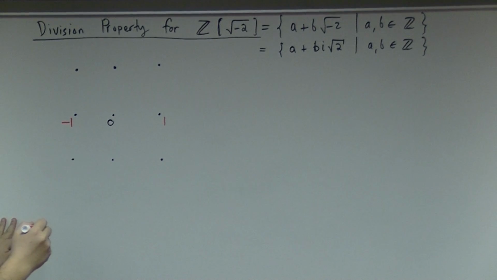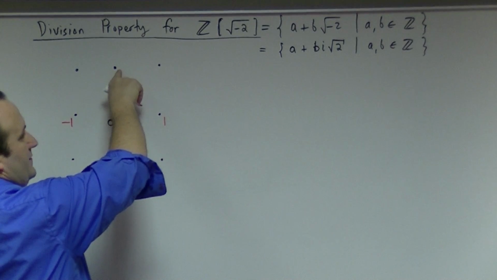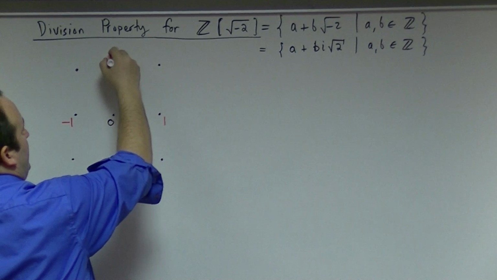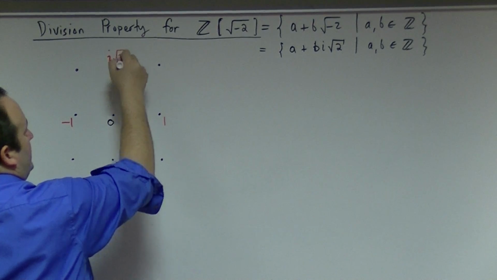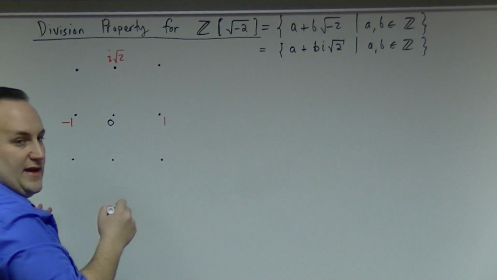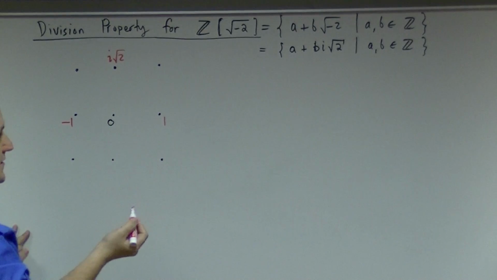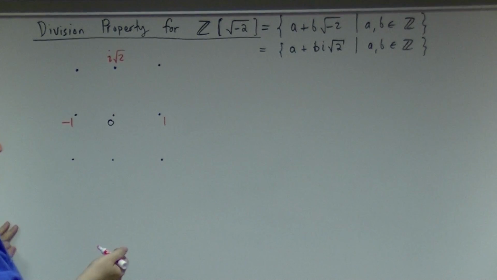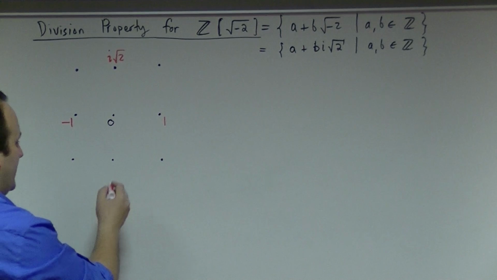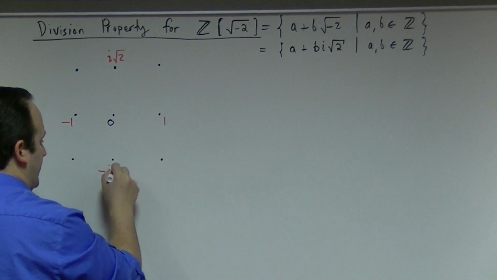You guys with me there, graphically? What's up here? What's this guy? Square root of minus 2. i times root 2, or square root of minus 2 if you like. I'm going to use i because it's easier for me to write than square root of minus 2 for some reason. I mean, square root of minus 2 looks messy to me. I don't know. But down here, you've got minus i times the square root of 2.